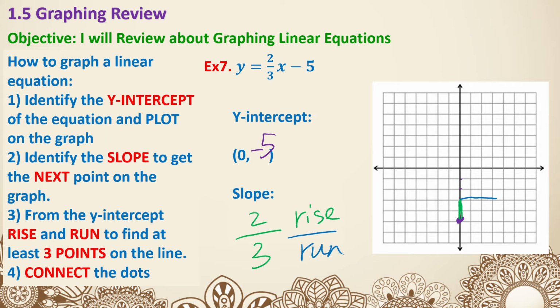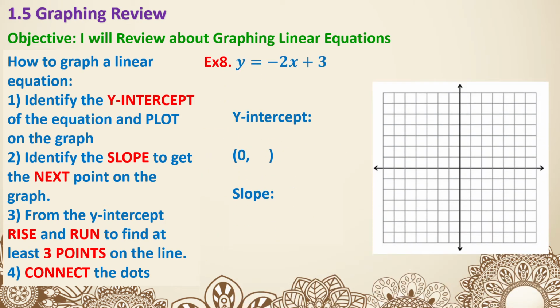You see, here you have to rise first because that's how the slope is given. So rise 2 and then run by 3. Now you have these points, I can start putting it as a line. And I'm done. That's example 7.